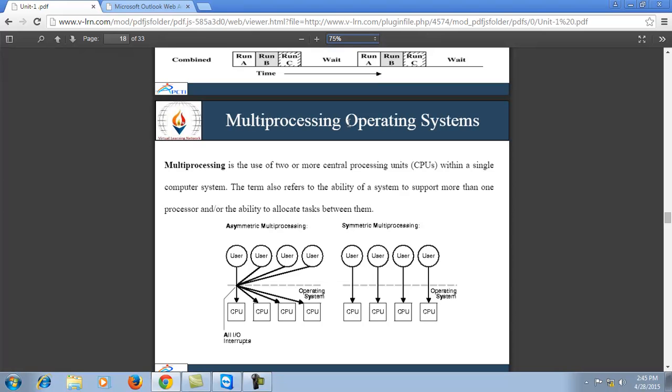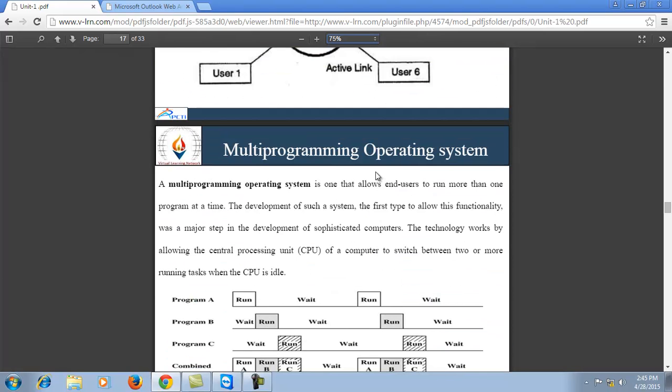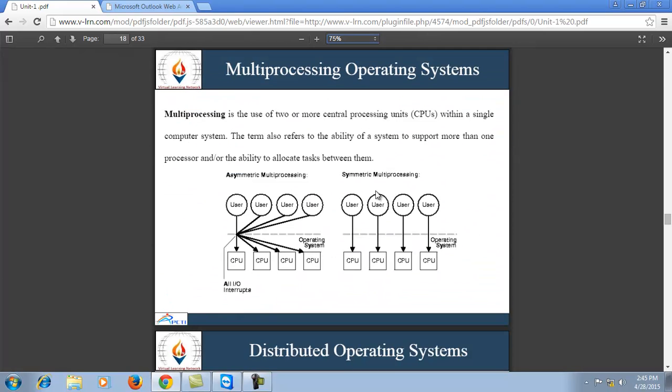This is also a multi-processing operating system, and this one is multi-programming. In a multi-processing system, n number of users are there and n number of CPUs are there, but they are controlled with a single input output. This one you can say is asymmetric processing, and this is symmetric processing. In symmetric processing, every user has their own separate CPU and they work together.